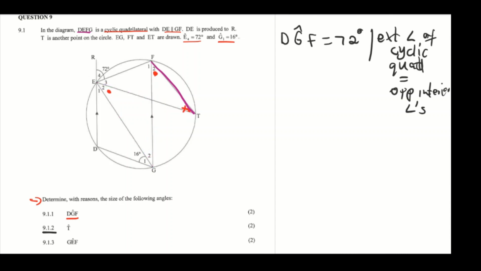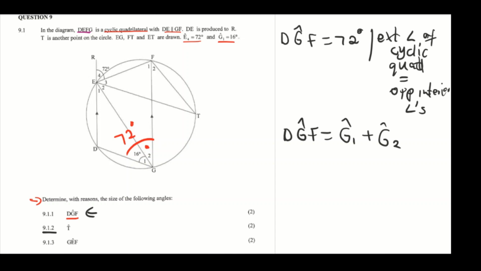Let me remove this quickly. To find G2, remember that we already found this entire angle to be 72 degrees. So it's easier now to find G2 because it's part of that angle. So you want to say the entire angle, which is the one that we calculated previously, DGF, is equal to a combination of G1 plus G2, right?